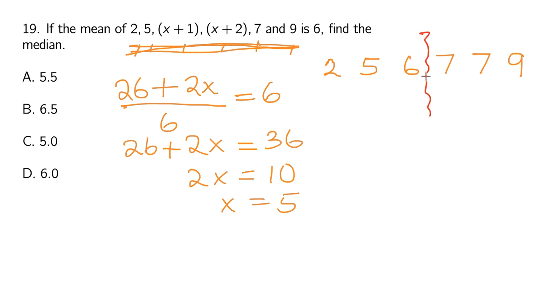But here the middle is no man's land, where we have 3 on one side and 3 on the other side. When that happens, you take the two middle numbers, 6 and 7, and you find their mean. And when you do that, you get 6.5. The mean of 6 and 7 is just the midpoint between them, which is 6.5.